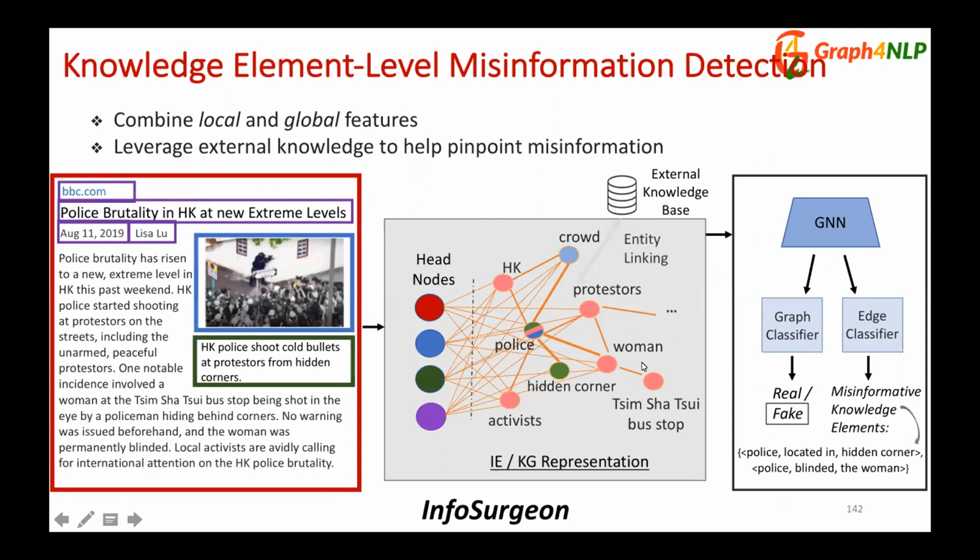And then we take every triplet in the graph as a candidate, and then classify that triplet as fake information or true information. So for example, in this example, there are two pieces of fake information. Number one is the police was not shooting at the protesters in the image, but the caption says they were shooting at the protesters.